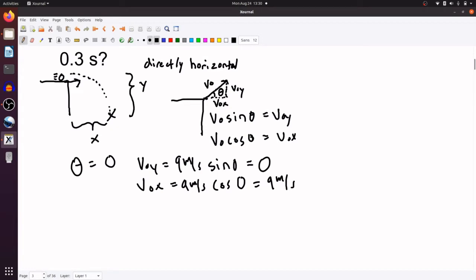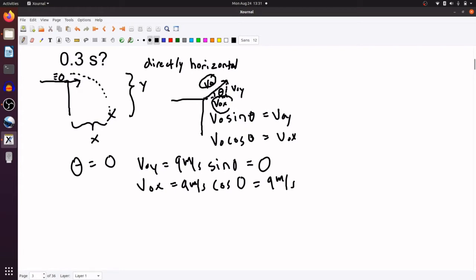So when it's directly horizontal, all of the initial velocity is in the horizontal direction, because your initial angle is 0. At 45 degrees, your v naught y and your v naught x are the same. And if we get to 90, it would be completely vertical, and the cosine of 90 gives you 0.